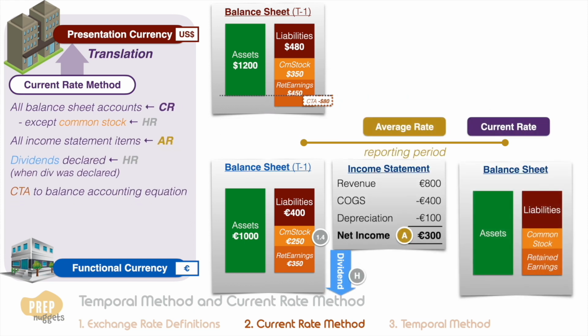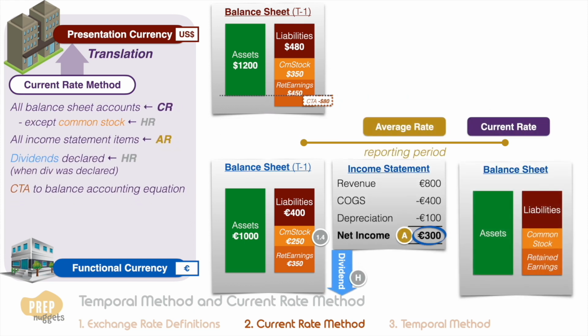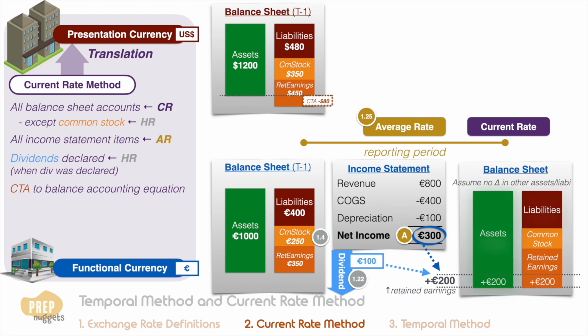Moving on, the subsidiary has net earnings of €300 for the period, and the average rate during the period was 1.25. €100 of dividend was declared, and the exchange rate on declaration date was 1.22. The increase in retained earnings for the period was therefore €200. Let's assume the rest of the balance sheet remains the same.